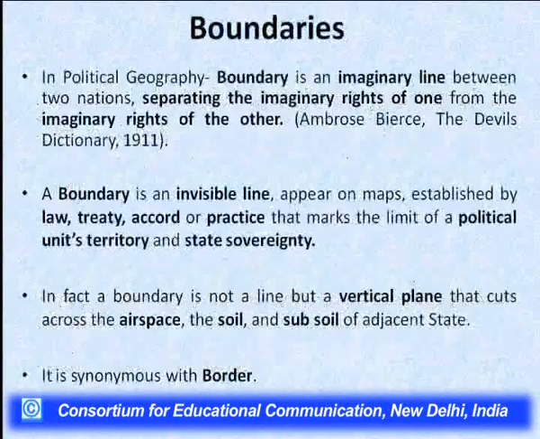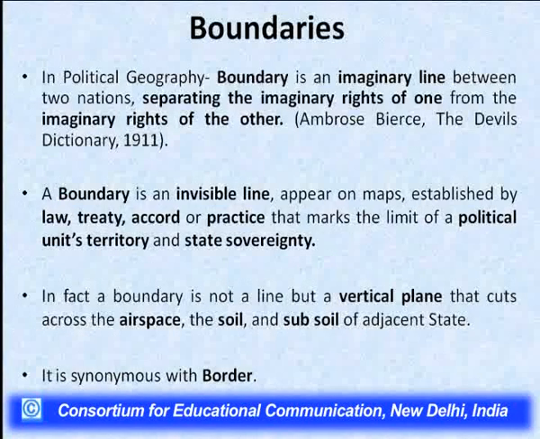The frontier is a zone and the boundary is a line which separates different political activity, as given by Prescott. So after seeing the frontiers, let us see what the different boundaries are and the basic concept of boundaries. In political geography, the boundary is an imaginary line that separates different nations, separating the rights of one nation from the rights of others.